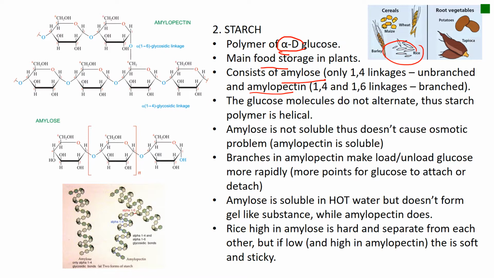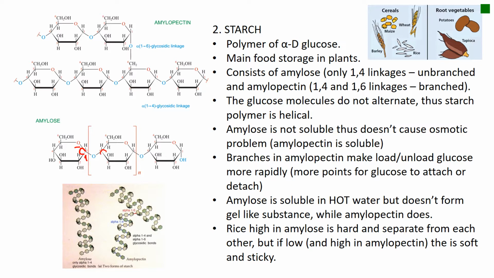Right, let's see the first one, which is the amylose. As you can see from here, the amylose has only 1,4 linkage and there are no branches. Yes, it's a straight bonding, all right, straight line. Now you can see from here, this is C1, because it is the carbon next to the oxygen and has no side chain.